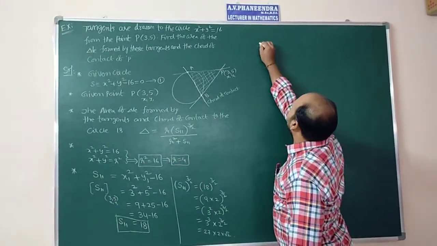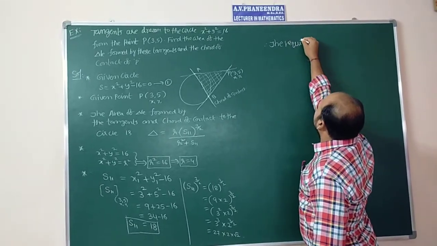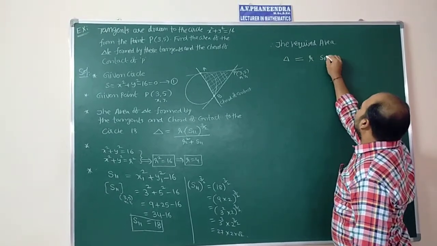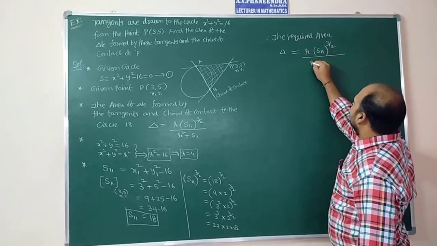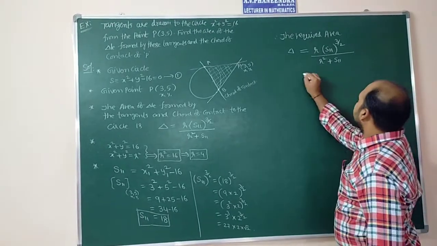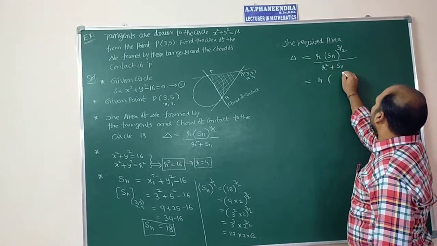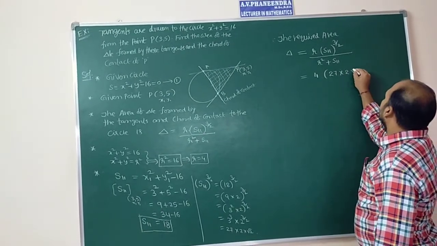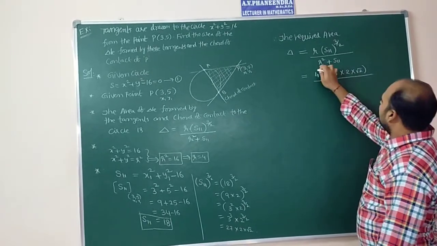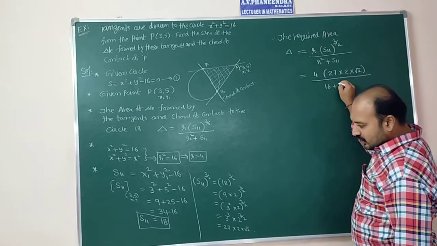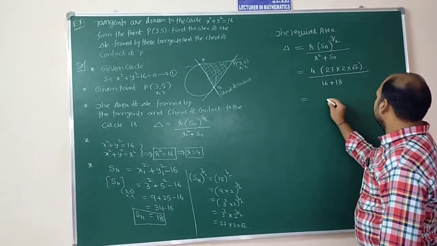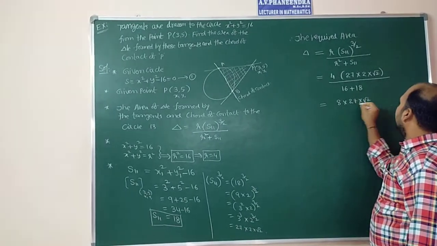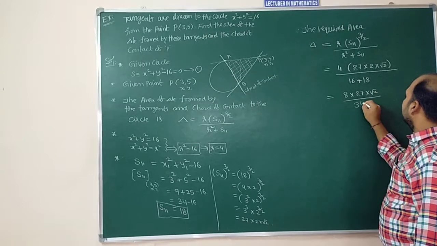Now these values are substituted in the required formula. Therefore, the required area delta is equal to R into S11 whole power 3 by 2 divided by R square plus S11, which is equal to R value is 4, into S11 whole power 3 by 2, we got the value as 27 into 2 into root 2, divided by R square means 16 plus S11 value is 18, which is equal to 4 twos are 8, into 27 into root 2, divided by 16 plus 18 is 34.